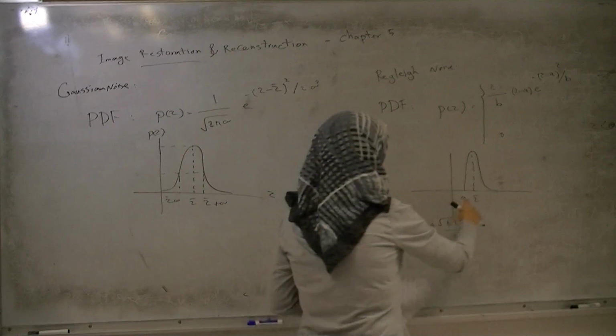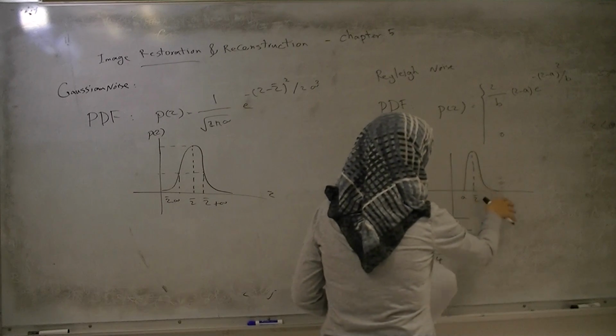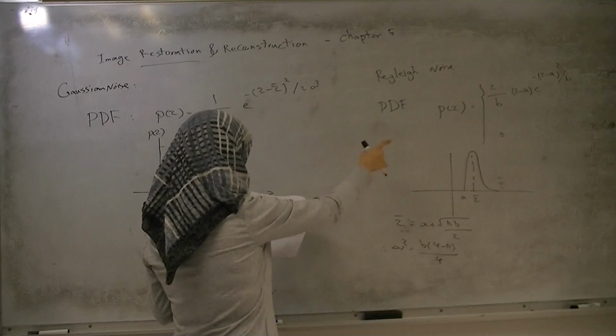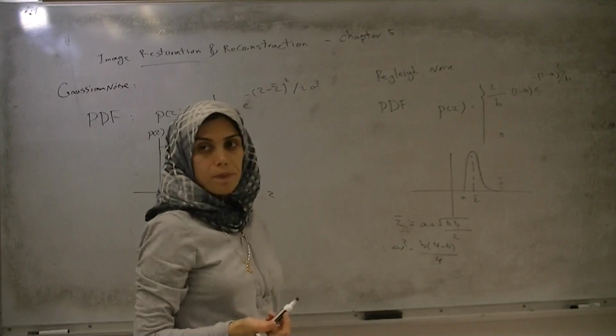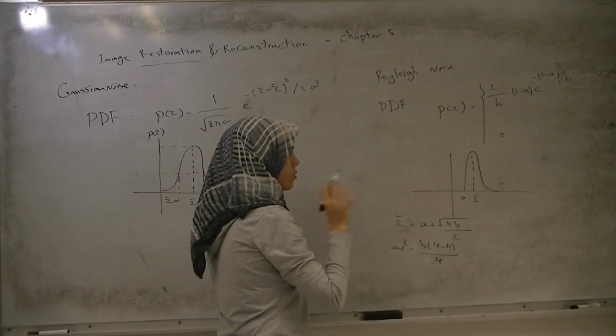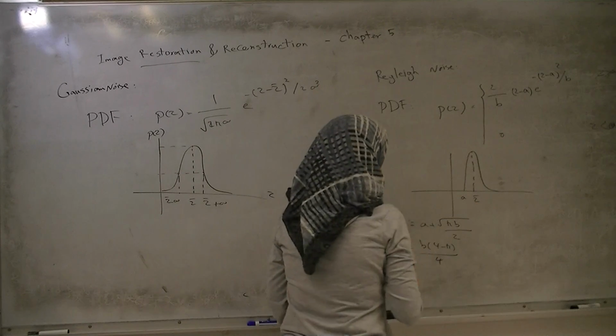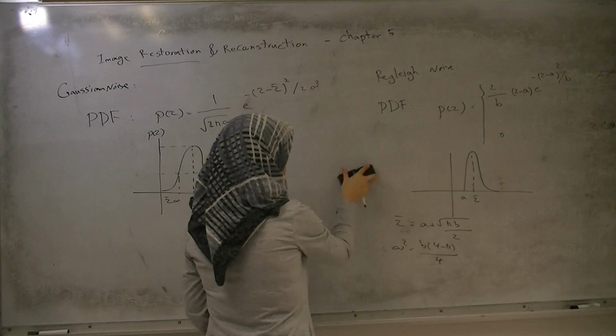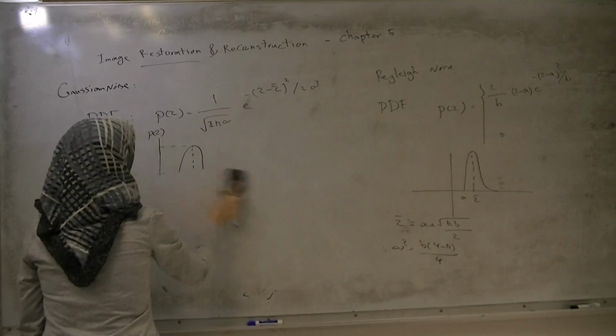You can see that this density is skewed to the right, and the Rayleigh density can be quite useful for approximating skewed histograms. So we call this one Rayleigh noise.